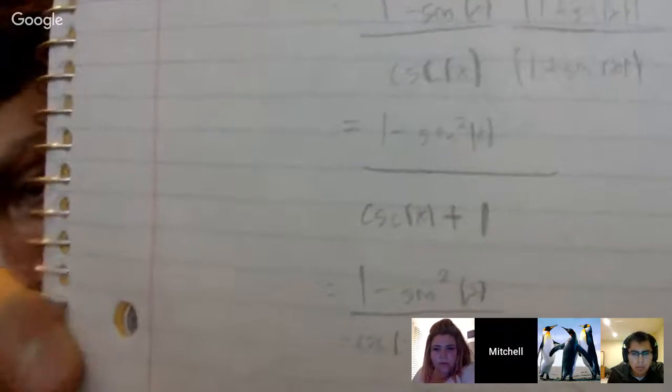So that's where we get the 1 minus sine squared x over cosecant plus 1. Because if you distribute cosecant over, sine over cosecant turns out to be 1. It's a sine over sine.